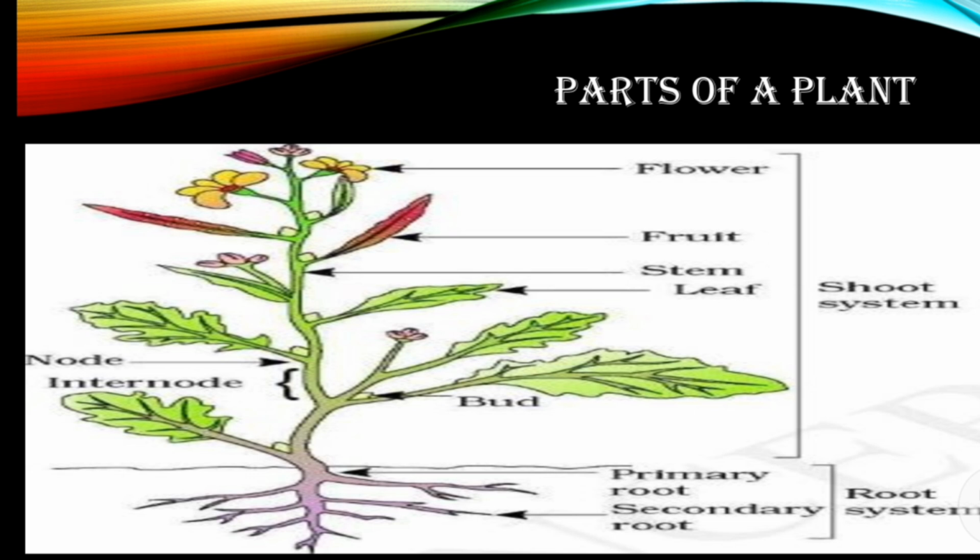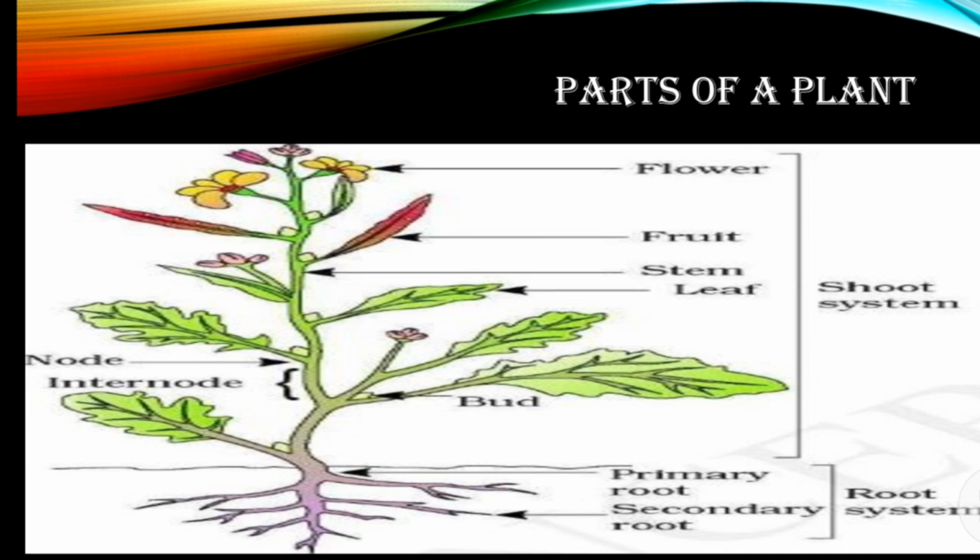Now, there are different parts of a plant which are edible. Sometimes we eat fruits of a plant, sometimes we make vegetables and curries of leaves of plants. Sometimes roots are edible, sometimes stems are edible.